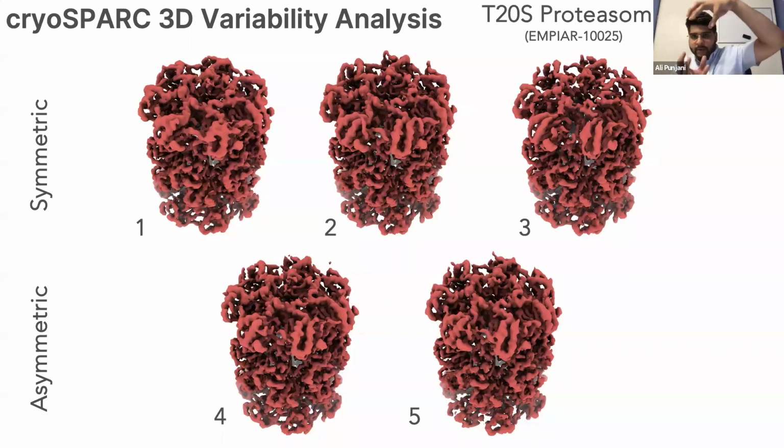Like if the T20S, for example, the barrel bends this way, it should also bend in every other symmetric way, since there isn't, as far as we know, any difference between the symmetric rotations of the structure.